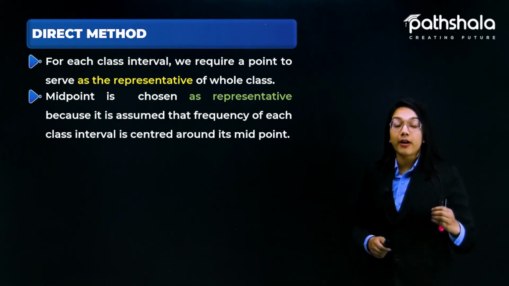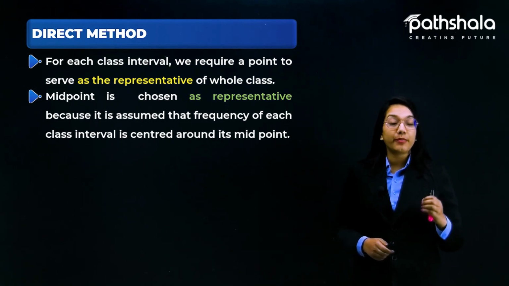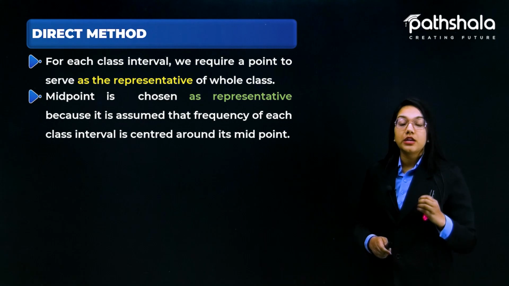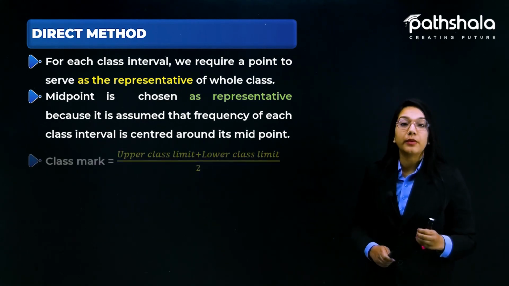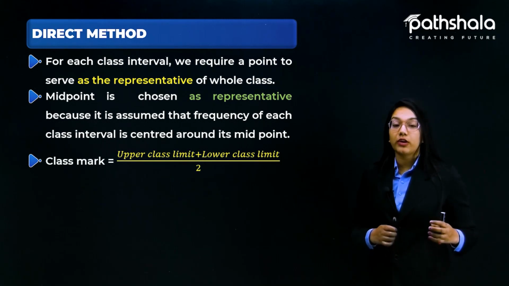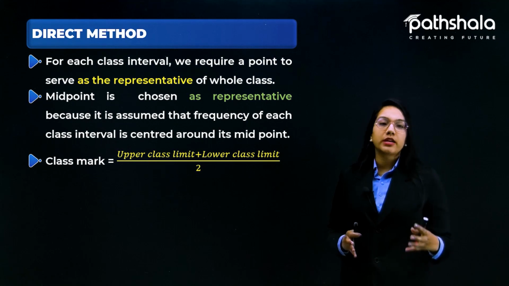We are all aware of how to find the midpoint of the intervals. The midpoint is also called the class mark, so the midpoint and class mark are the same thing.